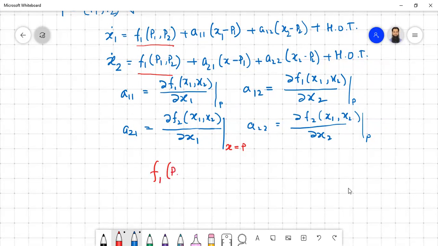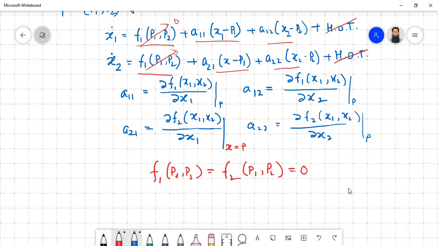Also, we are not interested in the higher order terms because we are doing the linearization. So what is left is this parameter, this parameter, this parameter, this parameter. The constant terms vanish because their magnitude is 0.